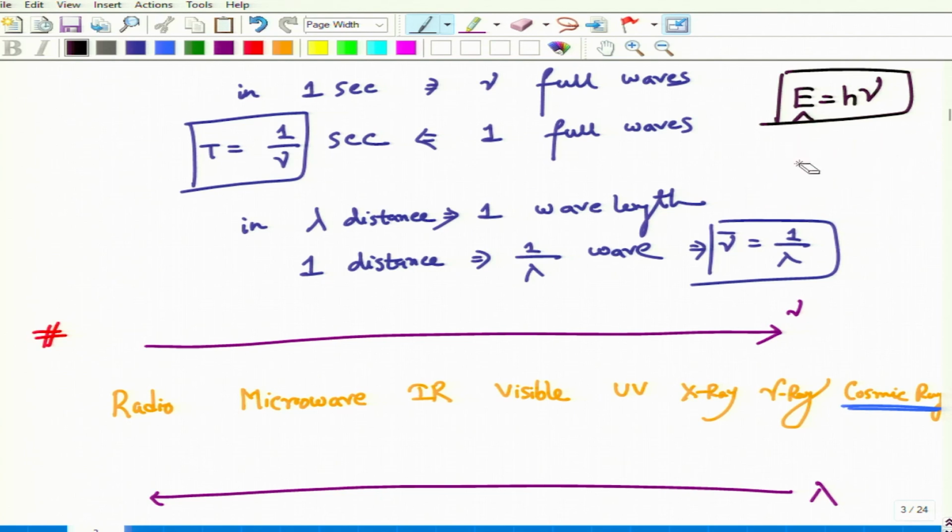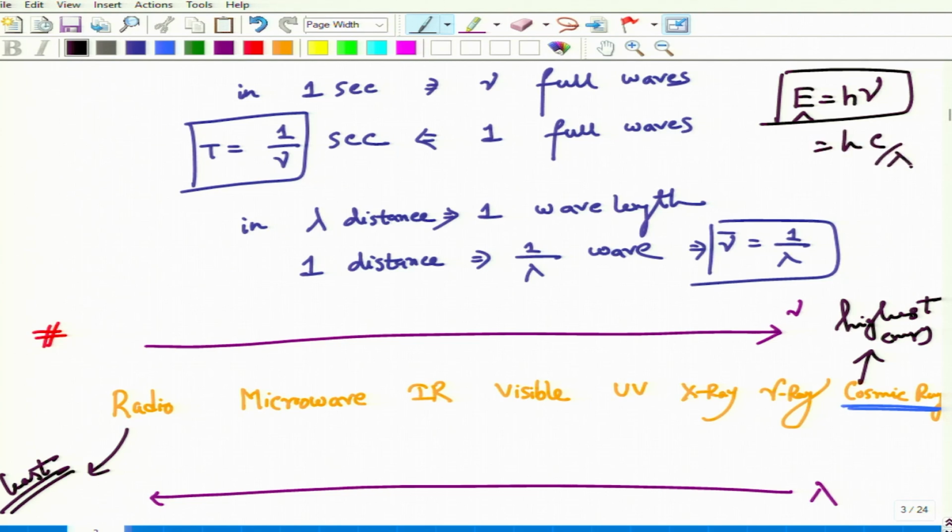So it is clear that E is proportional to nu. If nu increases, the energy of that quantum of the electromagnetic wave also increases. That's why cosmic ray has the highest energy and radio wave has the least energy. Here we can also write hc by lambda. These things are equivalent to each other. So this is our electromagnetic spectrum.